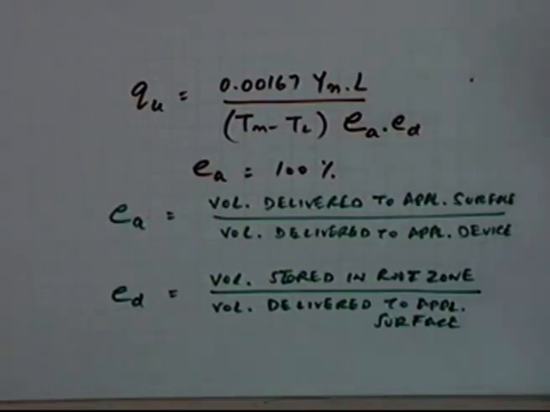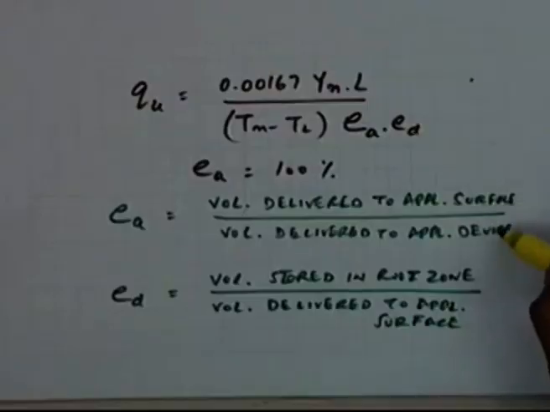We are assuming there is no loss in real application, because this is a generic definition which is also used in the context of sprinkler systems, where you might be losing some water when the water comes out of the sprinkler head or nozzle and is applied onto the surface of the field, the application surface. But in this particular situation, when you are using irrigation methods, you might find that this can be easily taken as 100%. Okay?